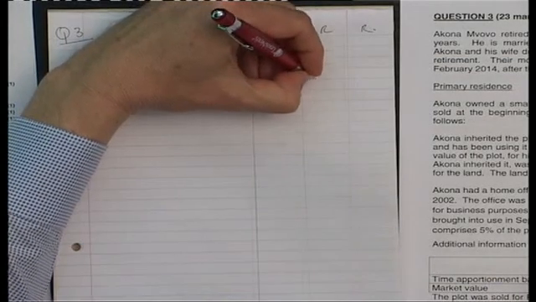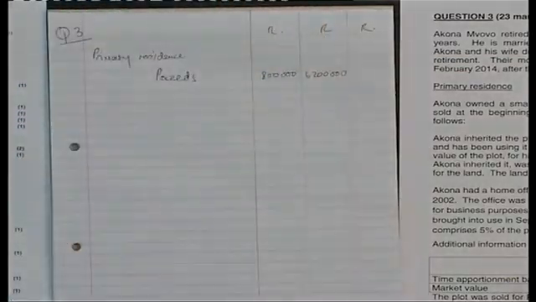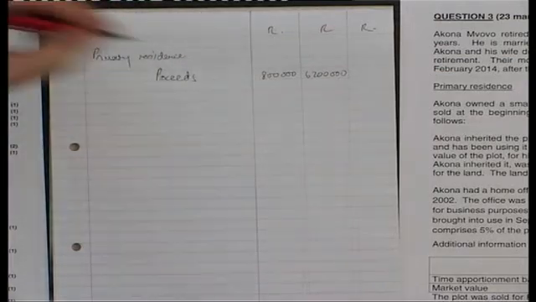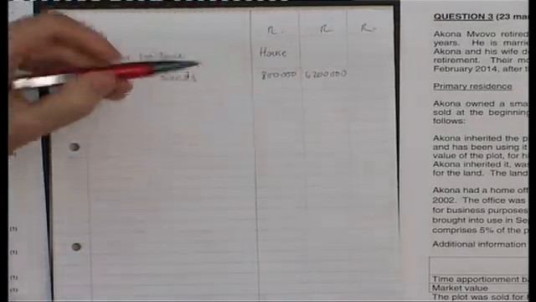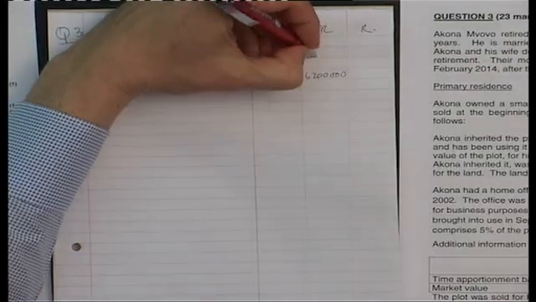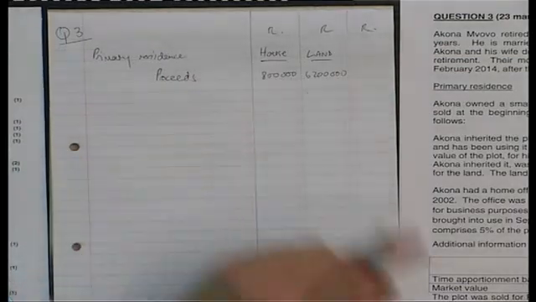The remaining part of the proceeds relates to the 4 hectares of land, 6.2 million. So there we've got proceeds, and let's just fill this in. In this column, remember, we're separating out the capital gain on the house and on the 4 hectares of land. So we've got proceeds, house, land.